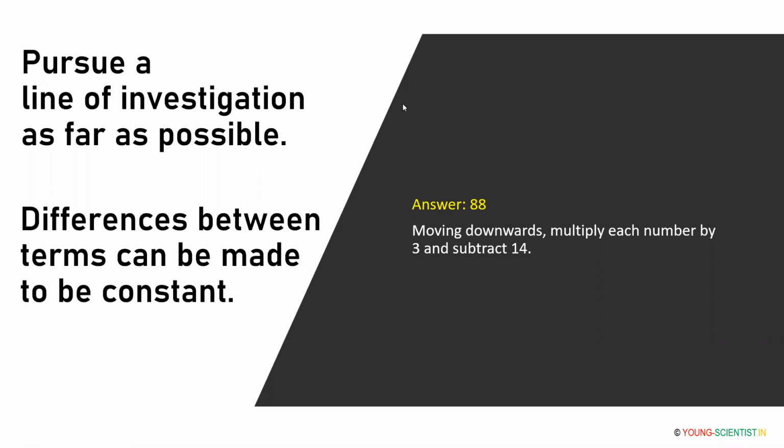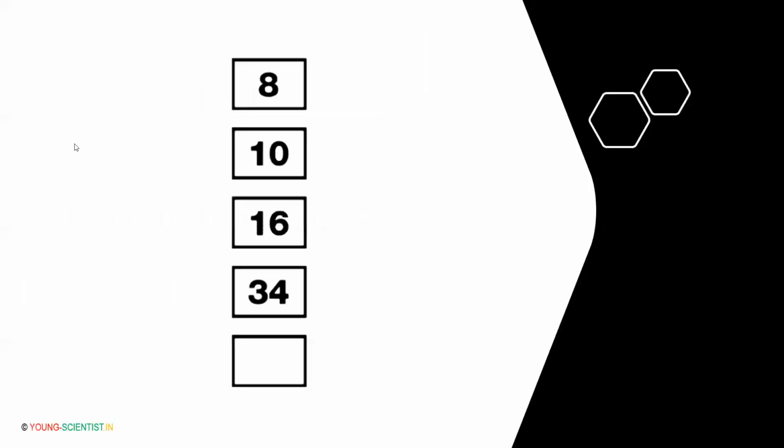So there are two lessons to take home here. One, you need to look for a repetition of a relationship, not a single relationship. For example, yes, 8 plus 16 does give you 34, but that single relationship cannot be claimed to represent the pattern.